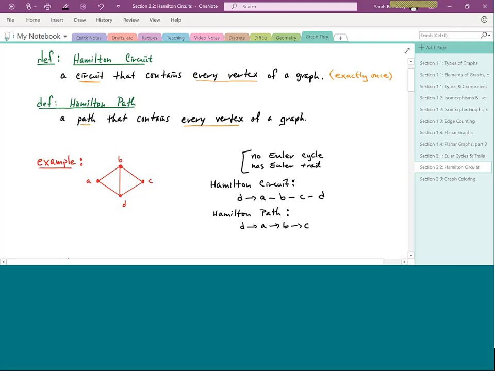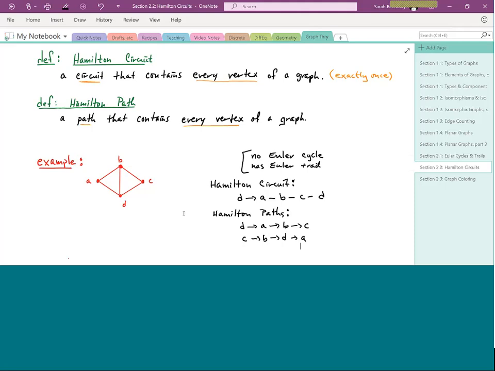You can also do one of the ones that you guys sent in, which was C to B to D to A. So this one sort of looks like a Z shape or an S shape. And that's also a Hamilton path. Now notice the distinction between those two different Hamilton paths, which is why I wrote them both.